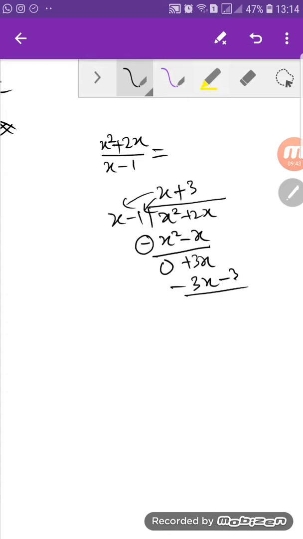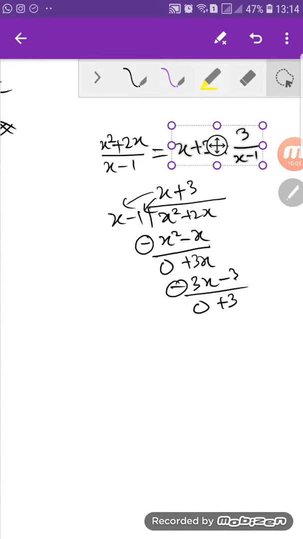And then we subtract, and we get 0 and 0 minus minus 3 is plus 3. Therefore x squared plus 2x over x minus 1 is simply x plus 3 plus 3 over x minus 1. Okay, so we have this result.